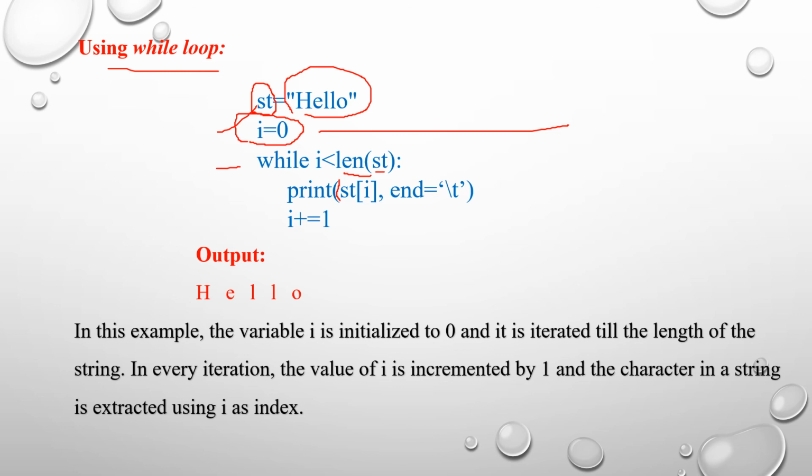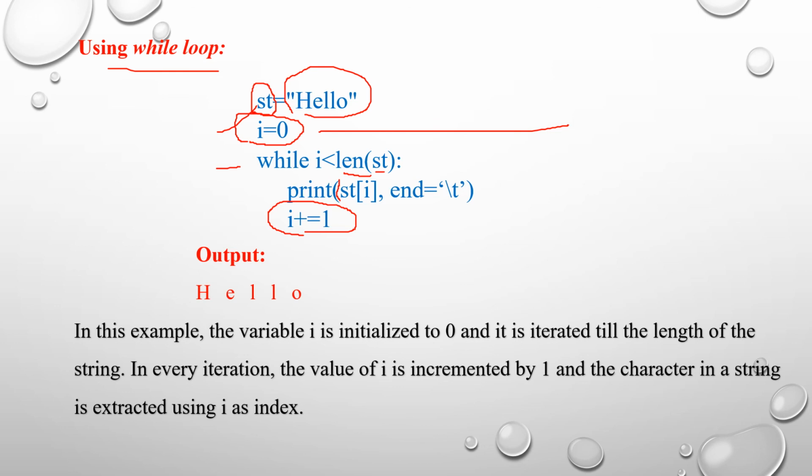The condition is i less than the length. After that, we update the variable: i plus equal to 1, that is, i is equal to i plus 1. This updates the loop variable. So the output is hello.